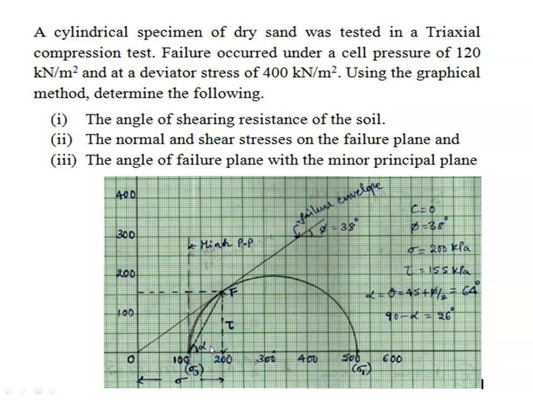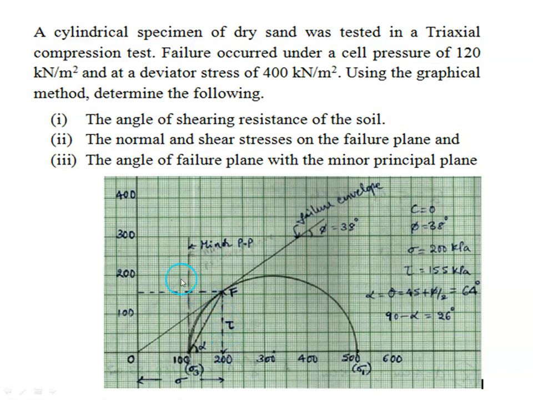But how to find the normal and shear stresses? This is the failure point. Wherever this failure envelope intersects the Mohr circle, that is the failure point. Corresponding to this point, we can find the coordinates which give the normal stress and shear stress at failure. The distance from O to this failure point is the normal stress, and the vertical distance will give you the shear stress.